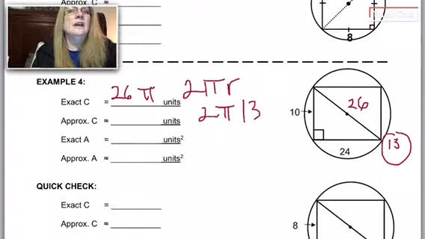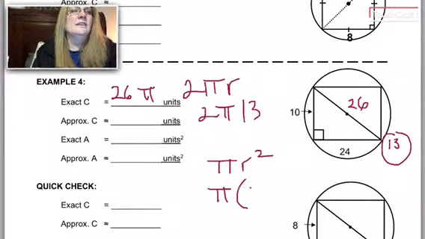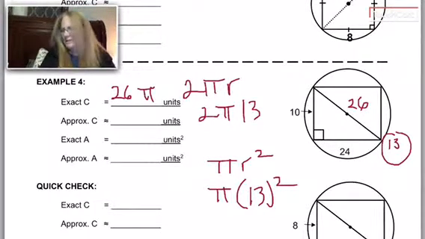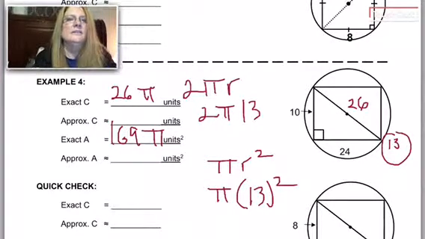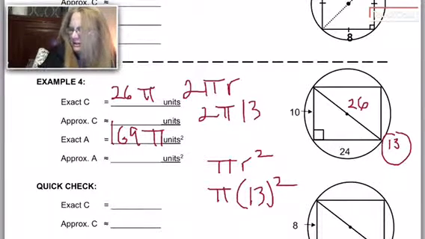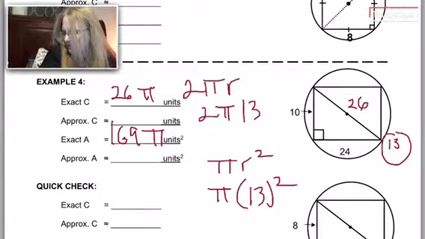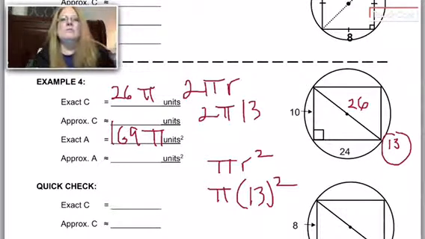Let's do the area because I'm about to run out of time. Pi r squared. So pi times 13 squared. So that is going to be 169, I think. Yeah, 169 pi. And if I have time, let me try and get my approximates. 26 times pi is 81.7.